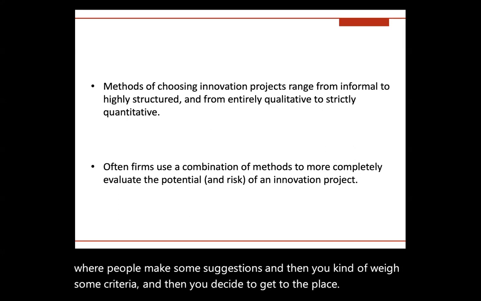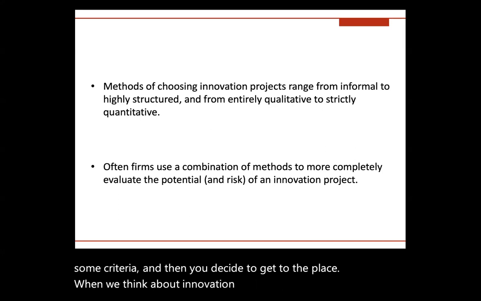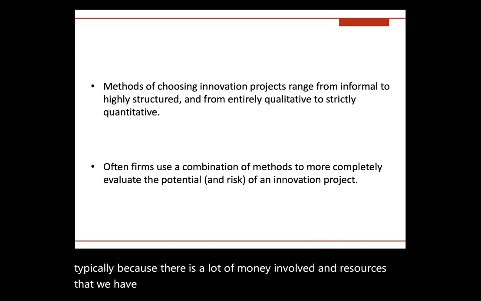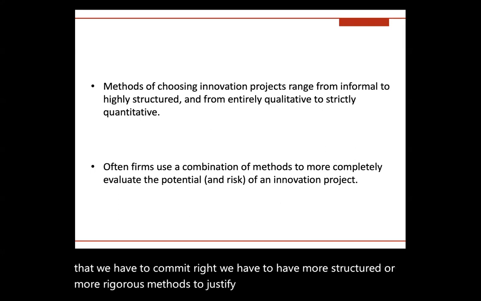When we think about innovation projects, technology projects, because there is a lot of money involved and resources that we have to commit, we have to have more structured or more rigorous methods to justify these kinds of expenses.